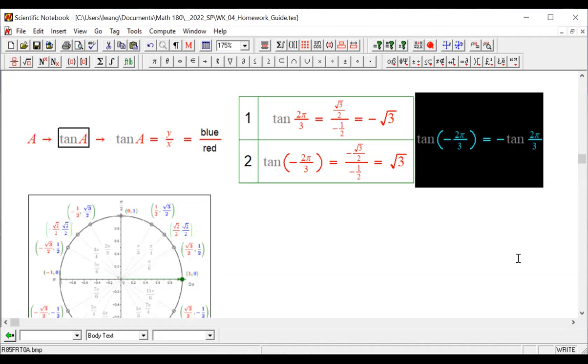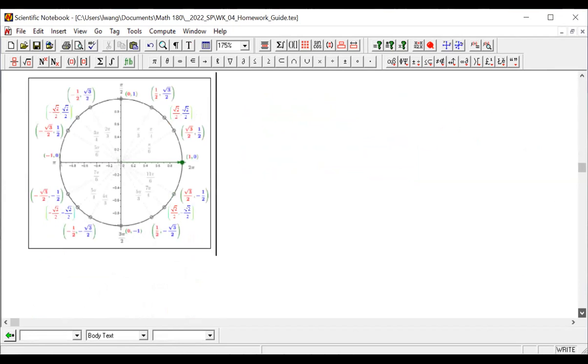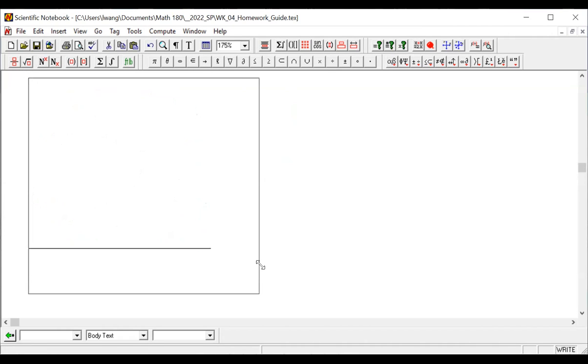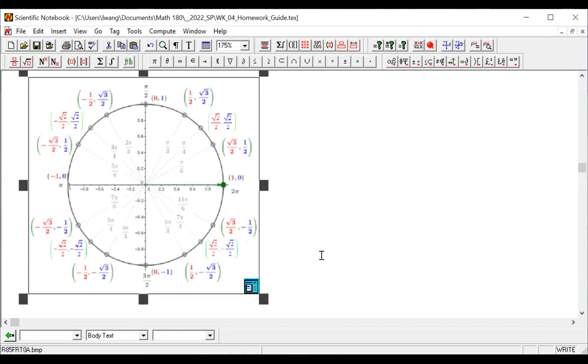Isn't that amazing that we discover these properties? As we look at this unit circle that we worked so hard to produce, we have accumulated so much information in our head about how to look at these quadrants. Sometimes it just gives us different ways of looking at them.